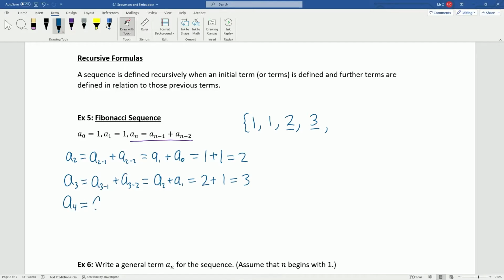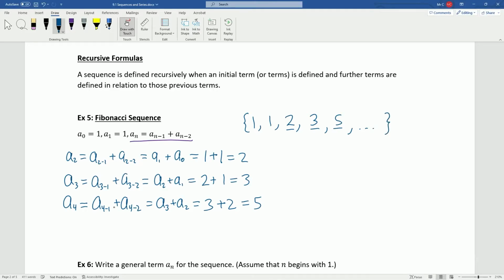Now we'll look at a4. That's a(4 minus 1) plus a(4 minus 2). That's a3 plus a2. a3 was 3. a2 was 2. 3 plus 2 is 5.